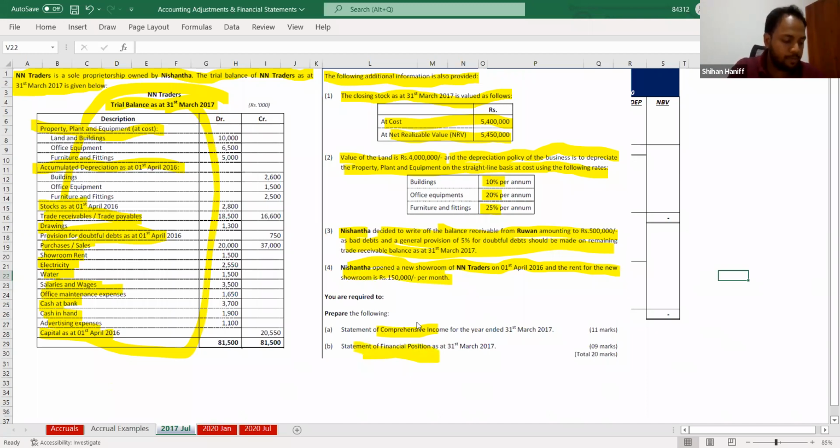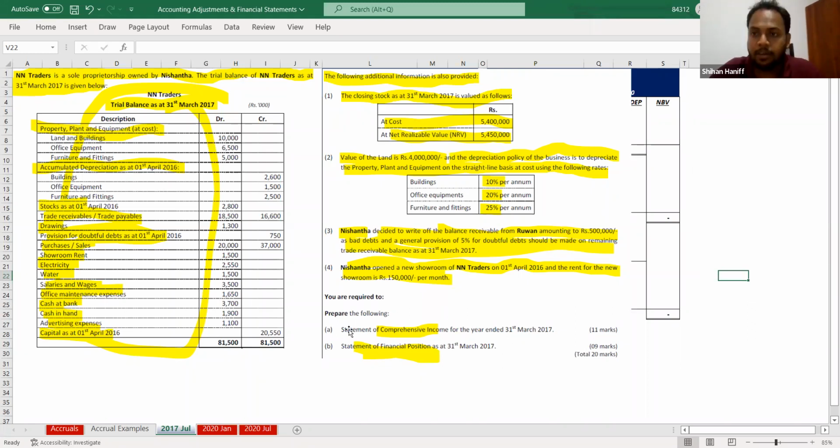This is profit and loss. Okay. So first thing is let's draw the formats.